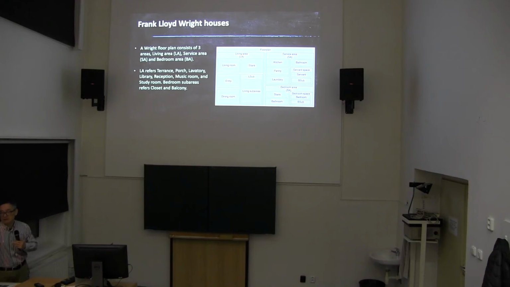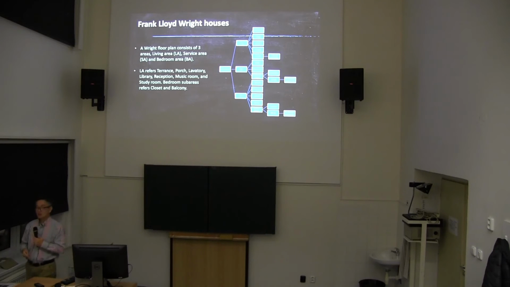Some bedrooms have a closet inside and could have a balcony. Okay, so this is his design, and we also have a hierarchical structure to represent that. You can see that this is only an illustration. Okay, it's not by any kind of generation or whatever.